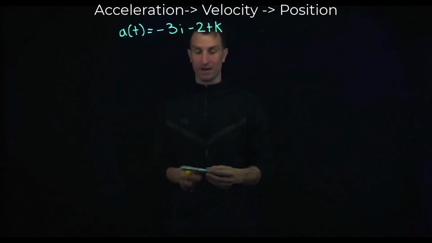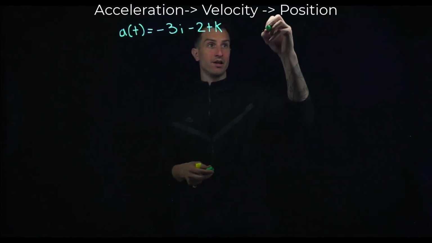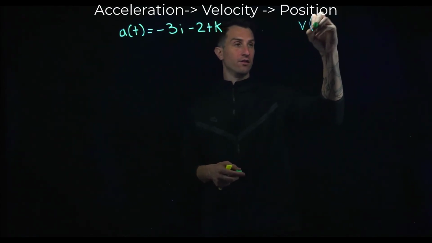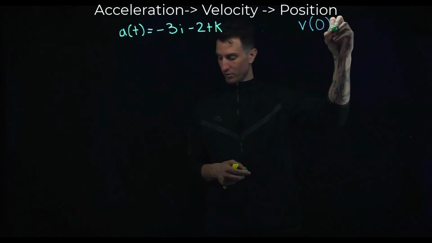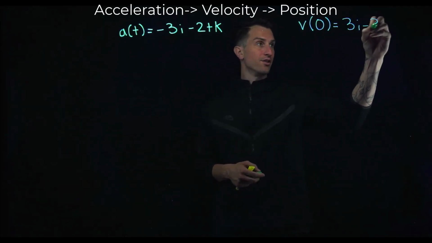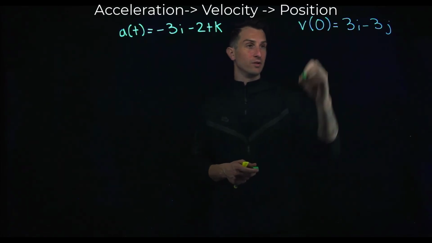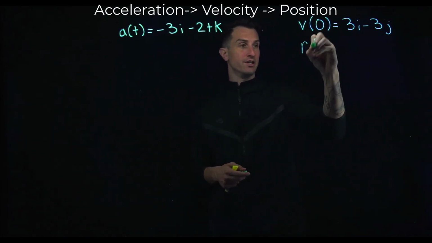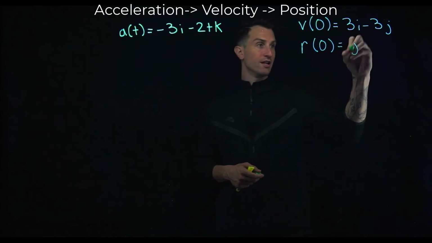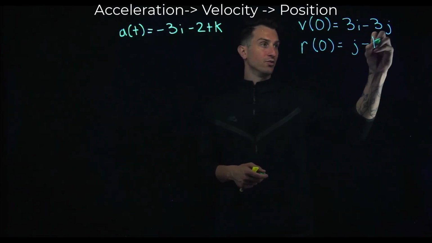So we'll say v0 is going to be equal to 3i minus 3j. And we also say r0, the position function at 0, is going to be equal to j minus k. So we'll save these for later.